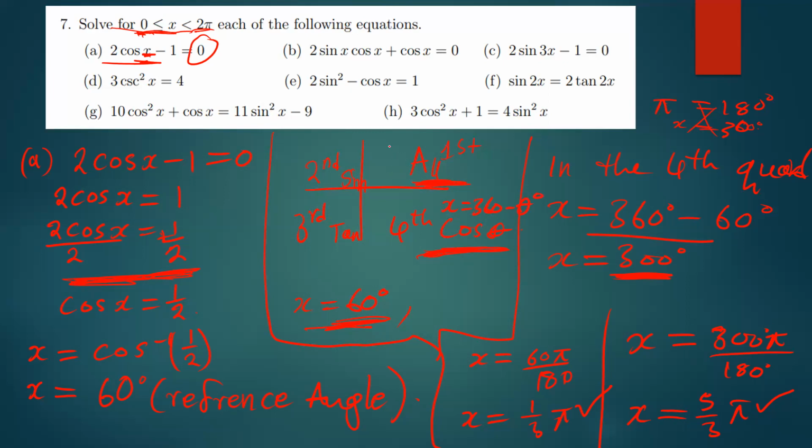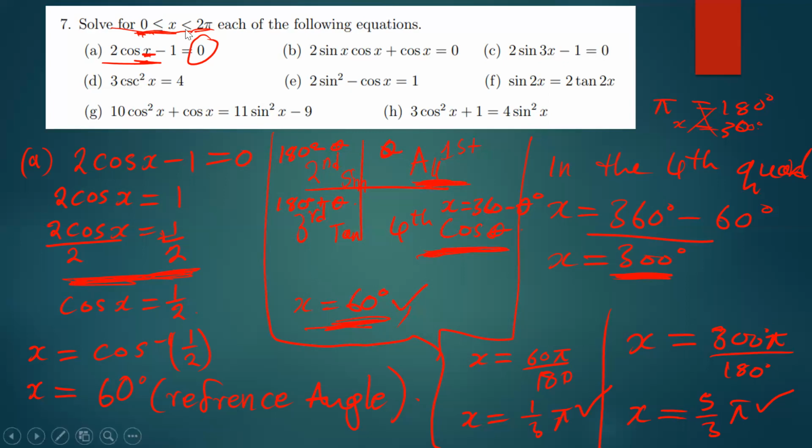Then in the fourth quadrant, you have to subtract the reference angle from 360. In the second quadrant, you subtract the reference angle from 180, so you say 180 degrees minus the reference angle. Then in the third quadrant, you say 180 degrees plus the reference angle.